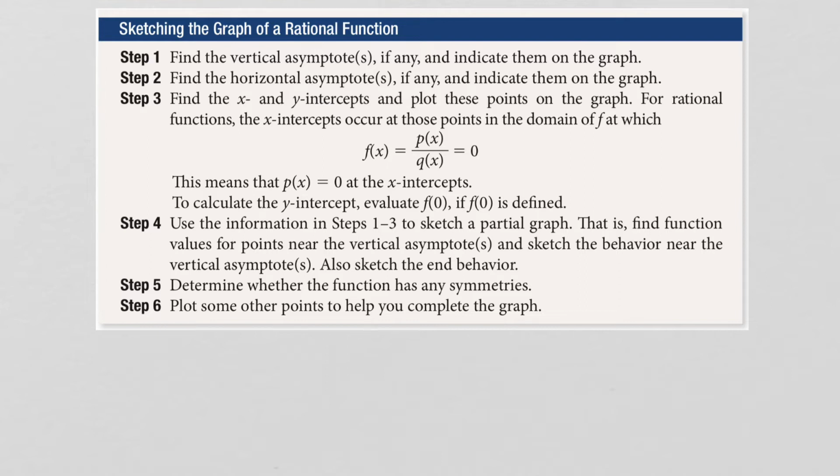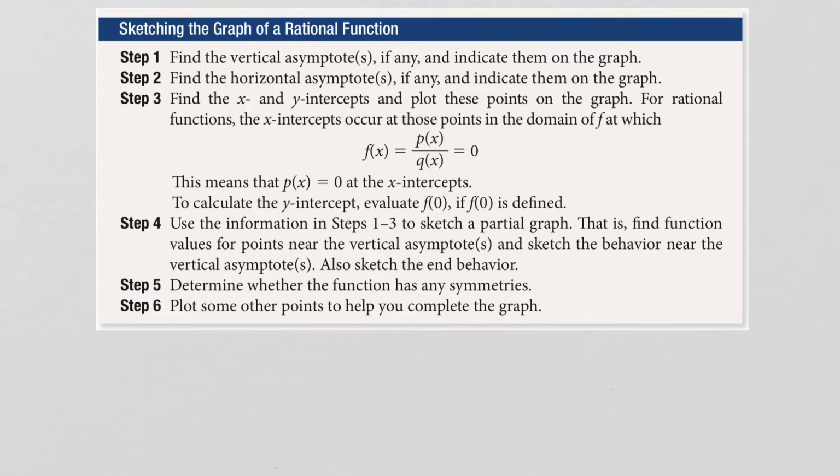Then you should find all x and y intercepts and put these points on the graph. And so these are the points where the graph will cross the x-axis and the y-axis. And then you use that information to sketch a partial graph. So we're going to just connect those points and think about asymptotic behavior and try to get a rough sketch of the curve.